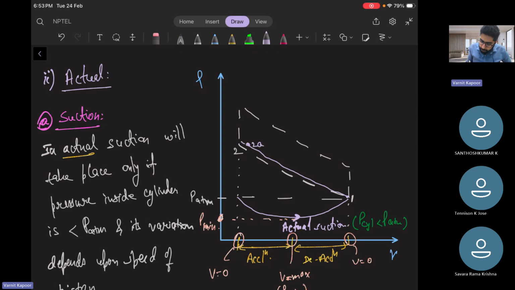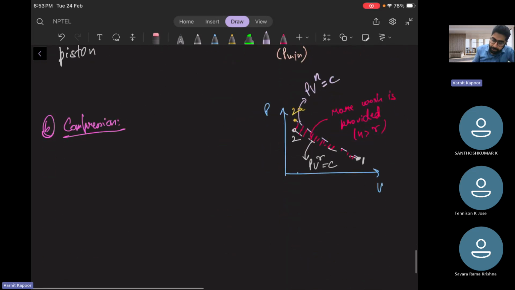Okay, 2A. All right. And I'll write this point here as well.